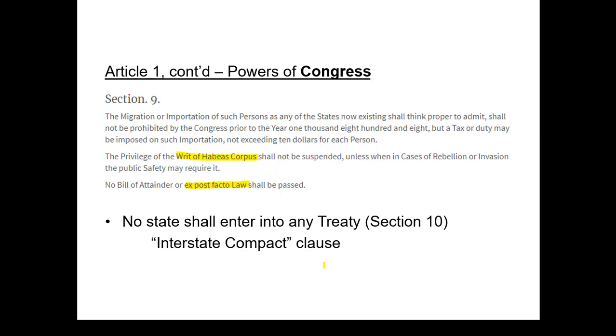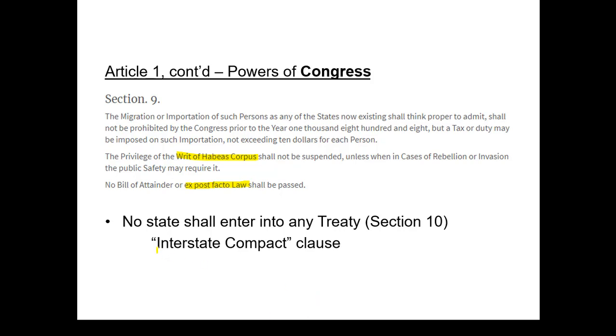So Section 10 is extremely important, stating that no state shall enter into any treaty. Also, what is called the Interstate Compact Clause says that states really can't go into agreements with each other unless that's approved by Congress. Again, that's a safeguard against states aligning together to perhaps rebel against the United States government. That's been fairly unlikely throughout our history, except for the Civil War, which we'll talk about in more detail later on.